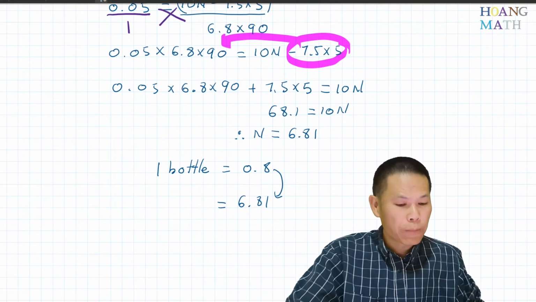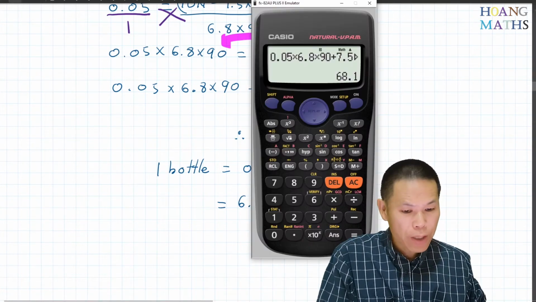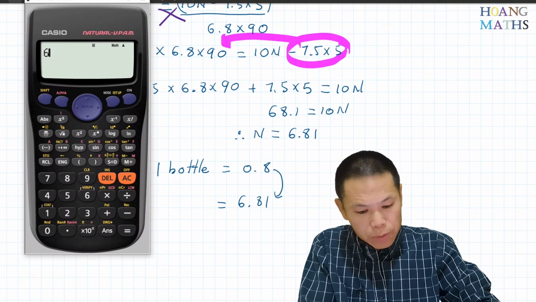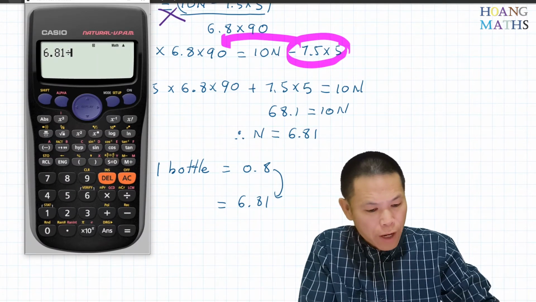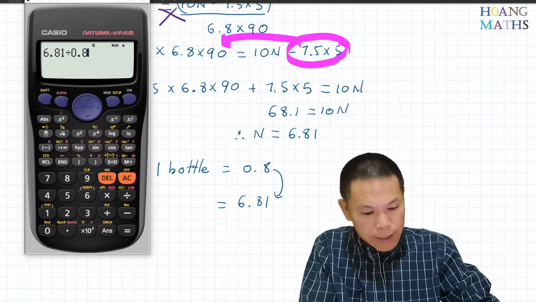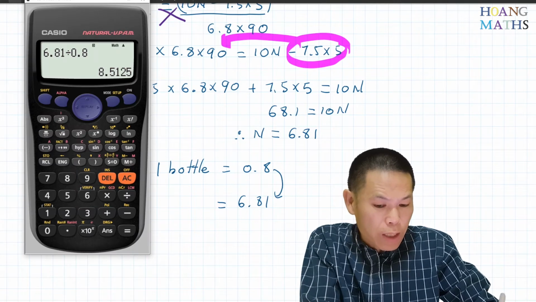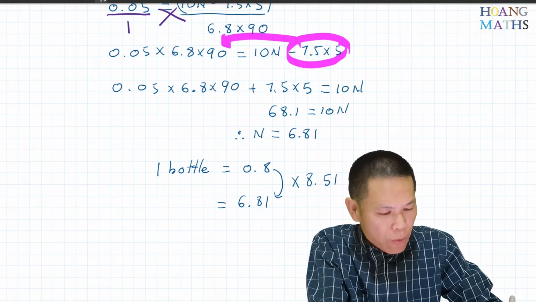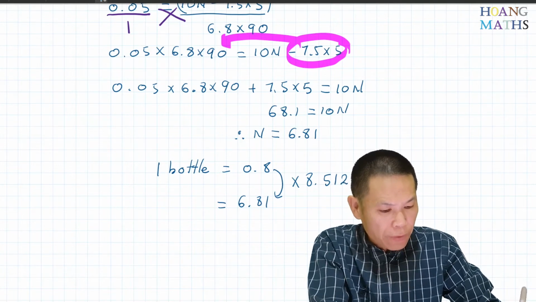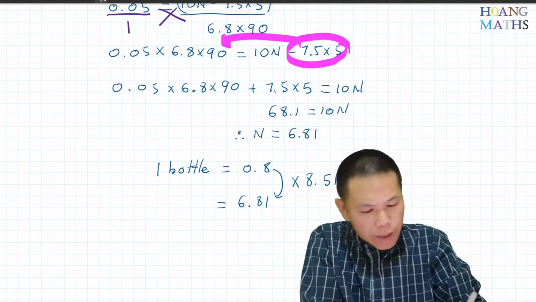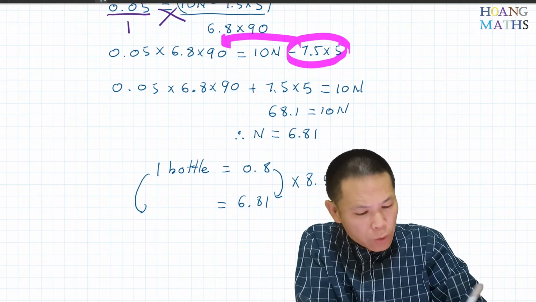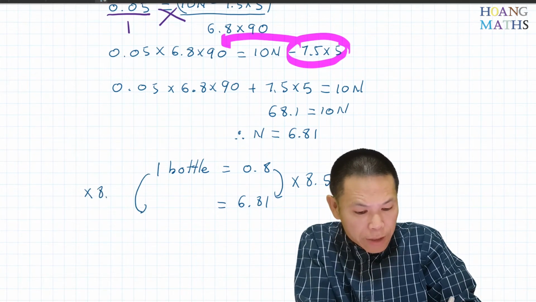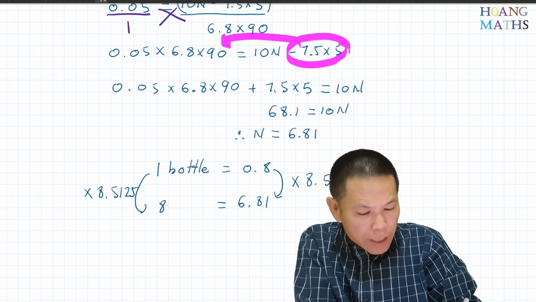To do this, I just put that in the calculator. I go 6.81 divided by 0.8. So that means from here to here, we times by 8.5125. In other words, from here to here, I also times by 8.5125.